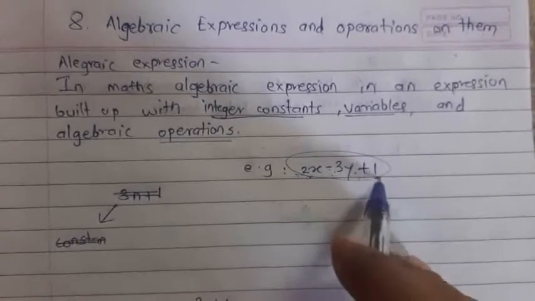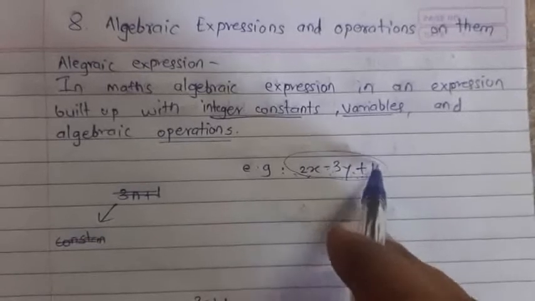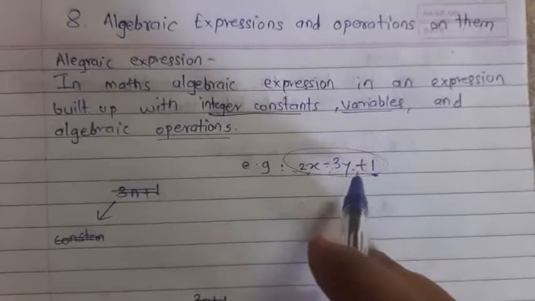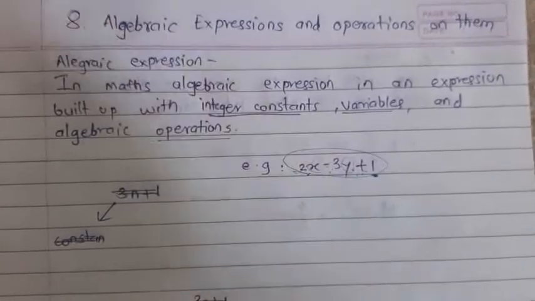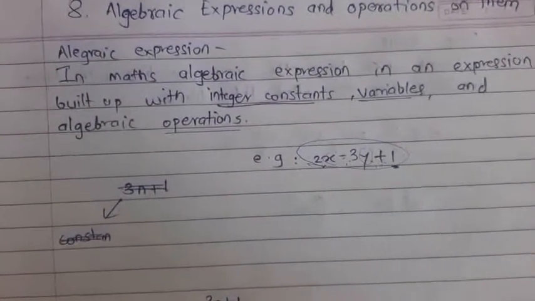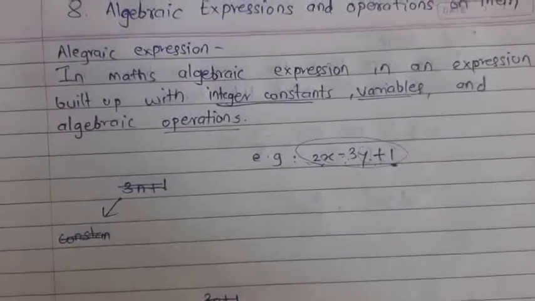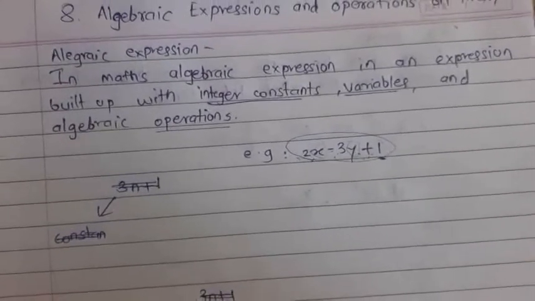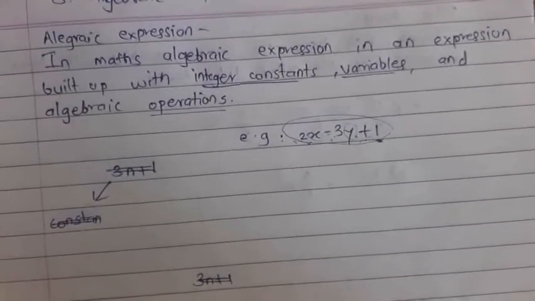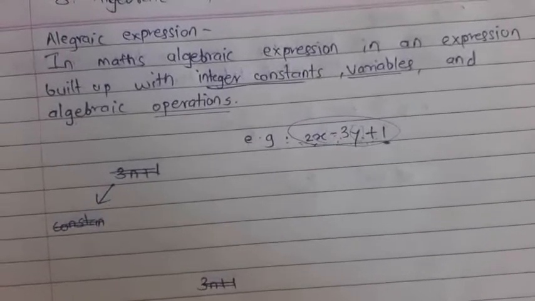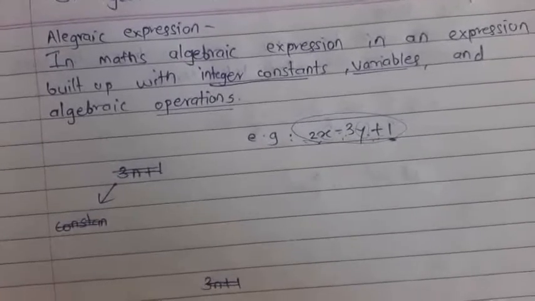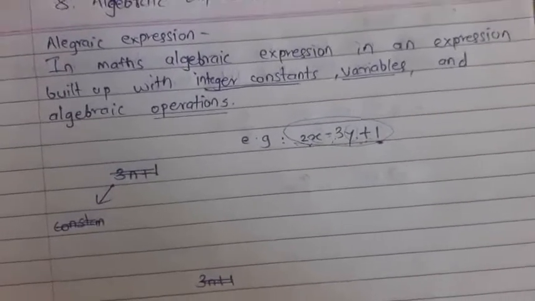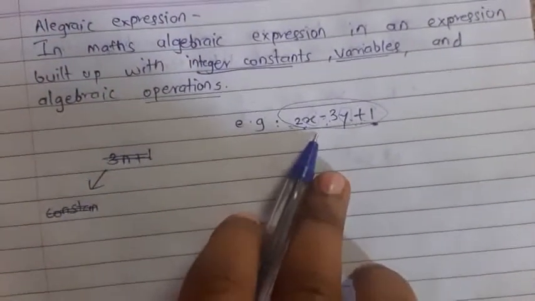Also it contains constants like 1 and variables like x and y. Variables are letters which represent changing things. That's why their name is variable. They indicate changing numbers, and such an expression is called an algebraic expression.